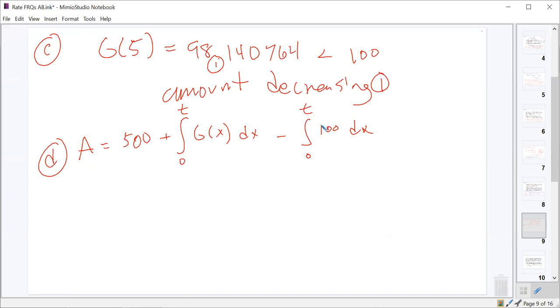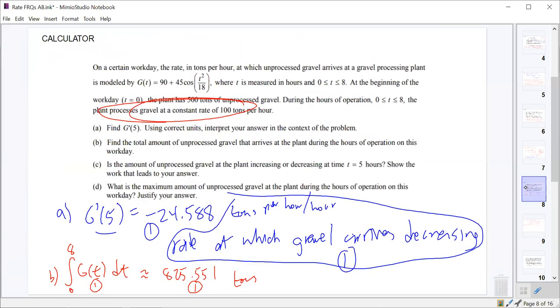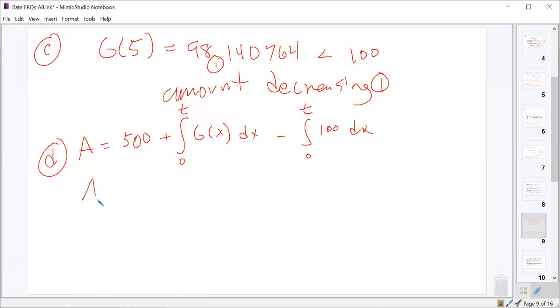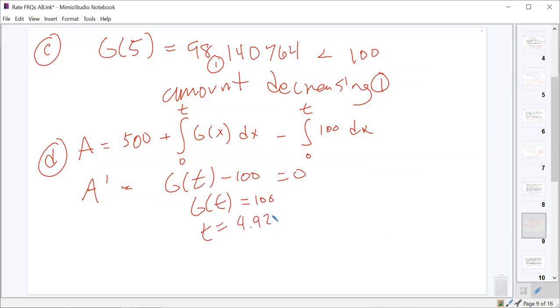That would have worked as well. Then all you needed to do was figure out when this amount is at a maximum, when A prime equals 0. That's when G of t minus 100 equals 0, or when G of t equals 100. And that happened at t equals 4.92348.